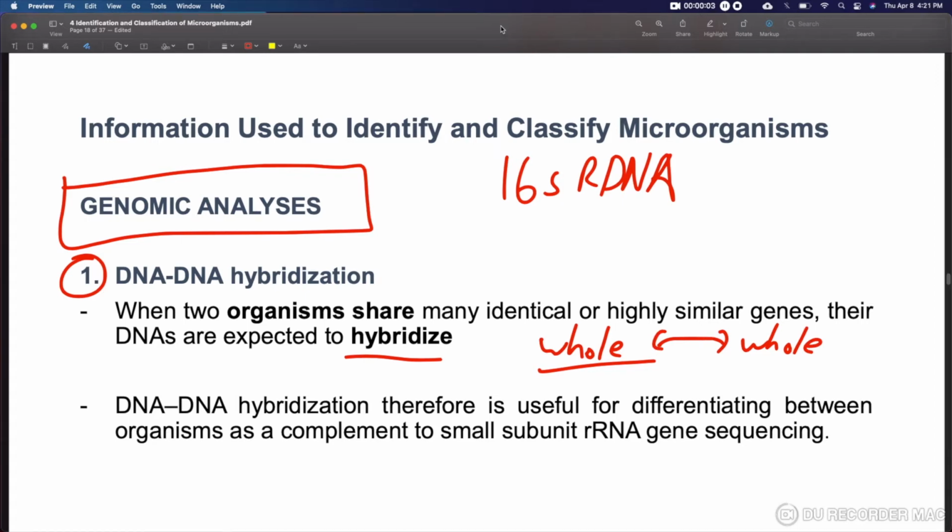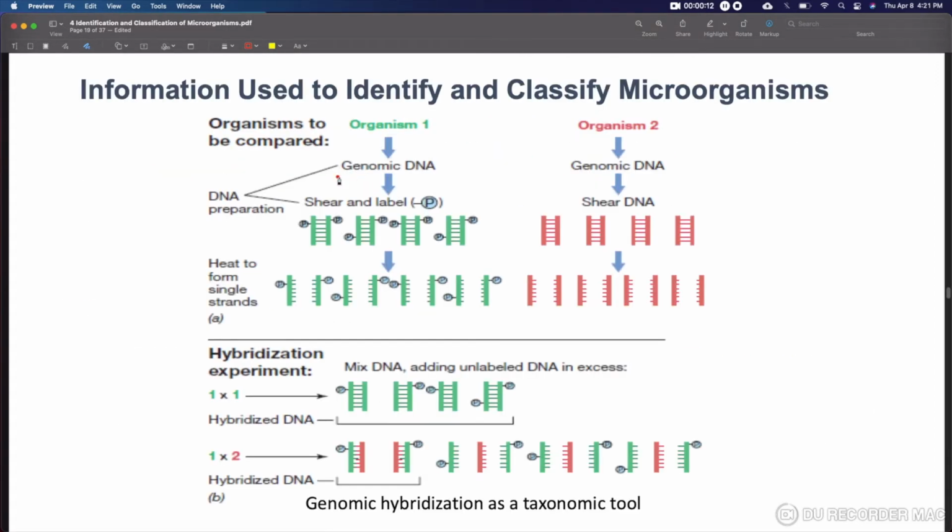So what's going to happen here is we're going to extract the DNA of organism 1 and organism 2. We're going to radioactively label with radioactive phosphorus only organism 1. Then, after labeling and shearing the DNA into smaller bits, we will perform heat denaturation and convert it into single strands.